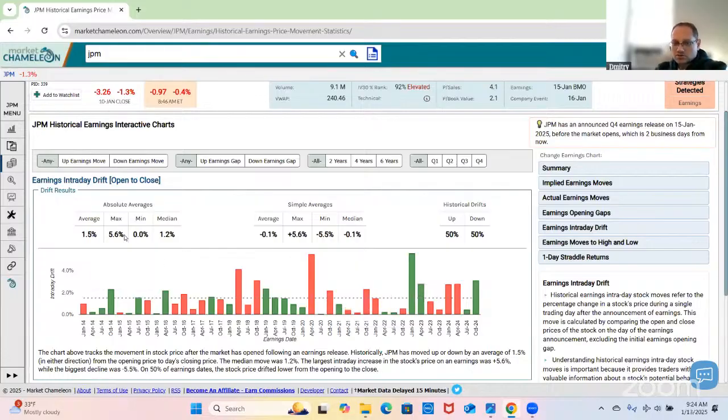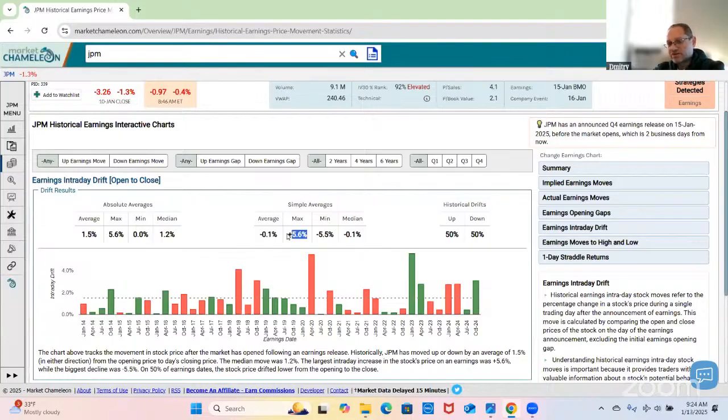So here, on average, it moved up or down 1.5%, with the high move of 5.6%, and low move of unchanged, and median move of 1.2. Simple averages, negative 0.1.